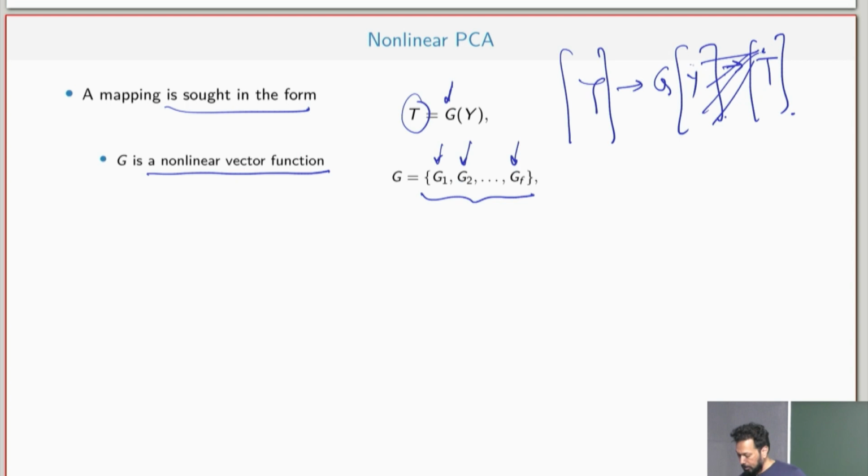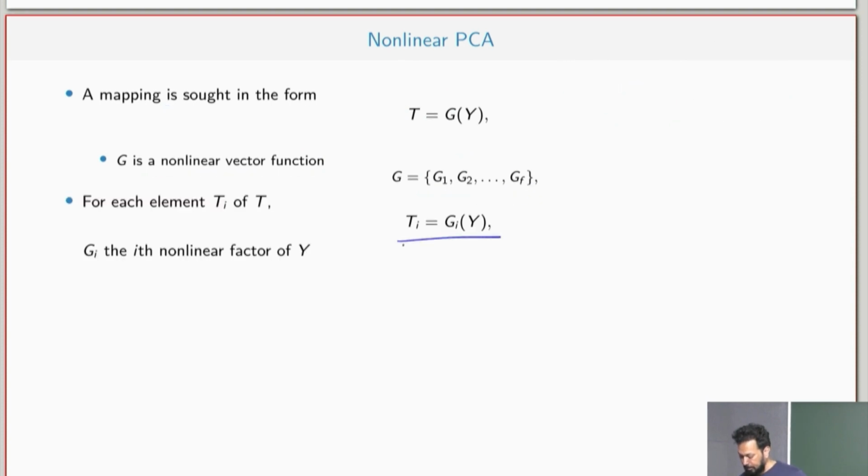The second component may be coming from these, and the third component from these. So with this view, I can see each entry of t coming from some nonlinear map, where it could be some combination of g1 to gf.